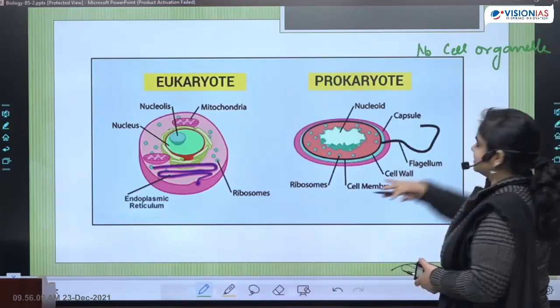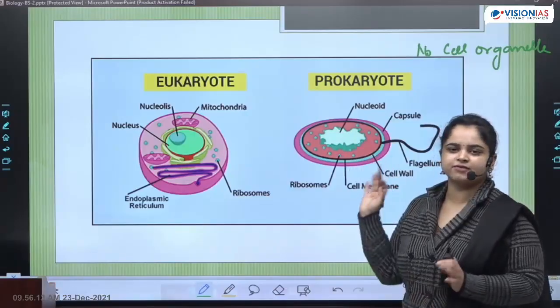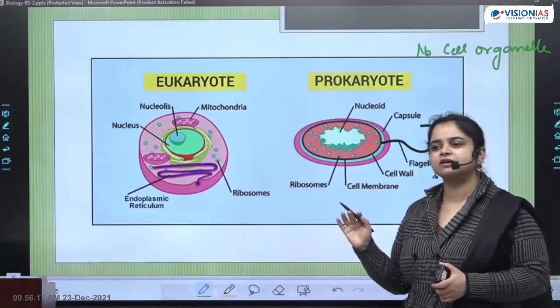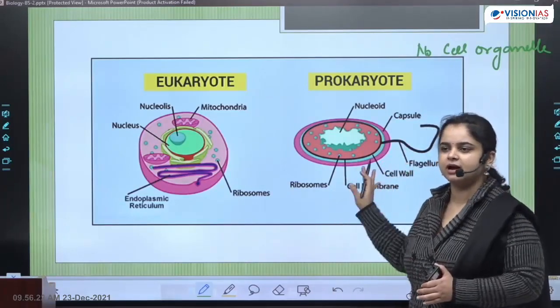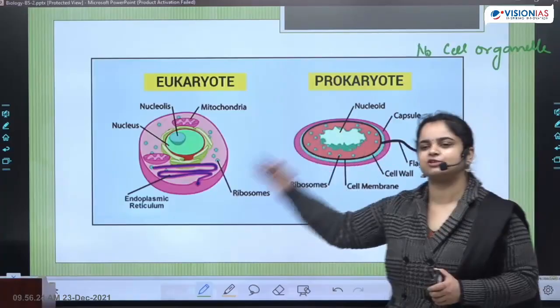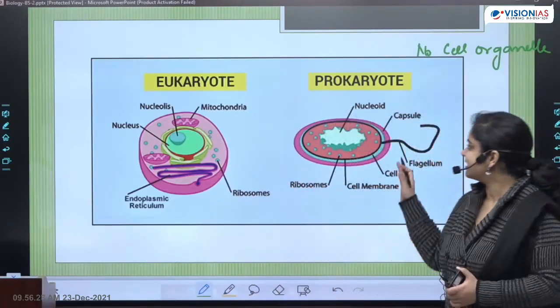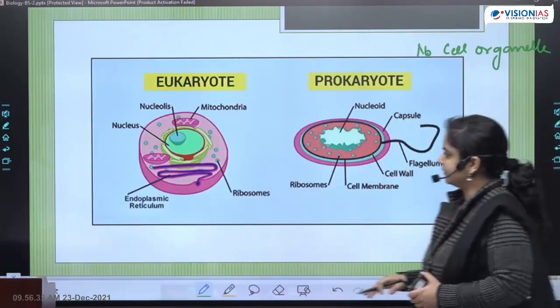So they have no specialized areas doing specialized functions. Anywhere in the cell, any function will take place. It will do everything. All the life functions, every organism needs to do. They need to take up nutrition, they need to digest it, they need to produce energy, they need to remove the waste. They will be doing, but they have no special areas to do that. So no organelle.